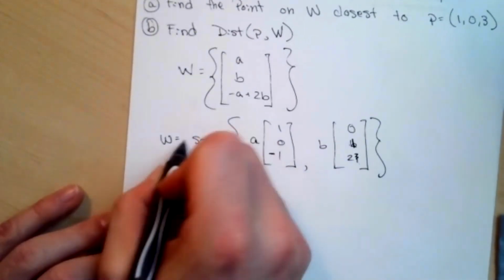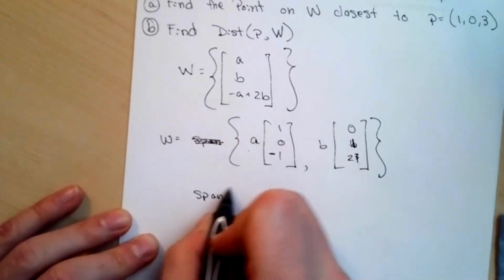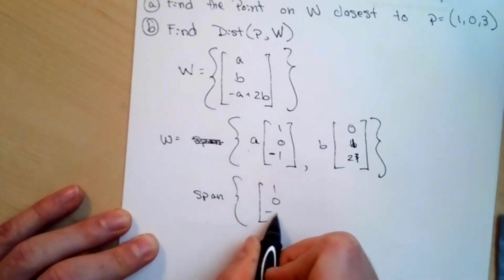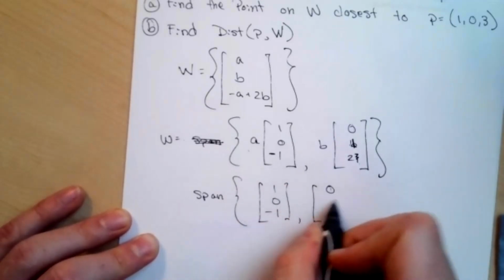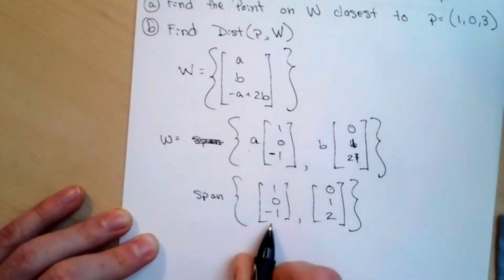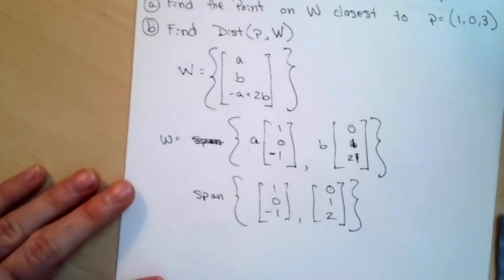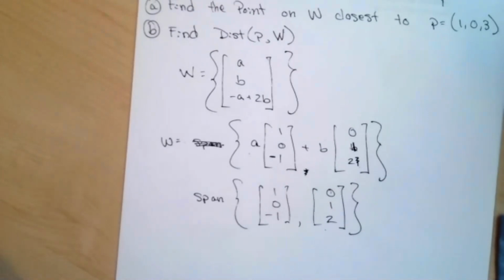And so I guess we don't need span here since we're taking all linear combinations, but really what is implied by our span is that we can reduce our spanning set down to these 2 vectors. So all linear combinations of these is essentially what we mean by this. And so we found a basis for W.